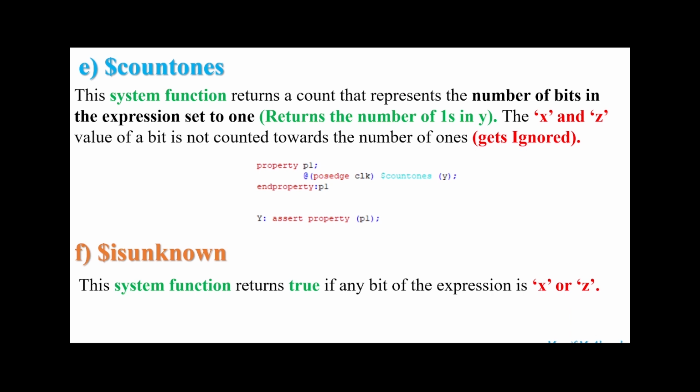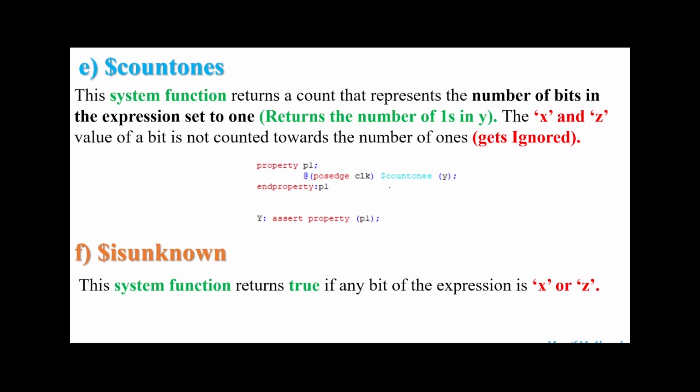Similar to this, there are some other system functions available. Let's try to understand those also. So the $countones system function is there. This system function returns a count that represents the number of bits in the expression set to 1, meaning it returns the number of ones in a vector.